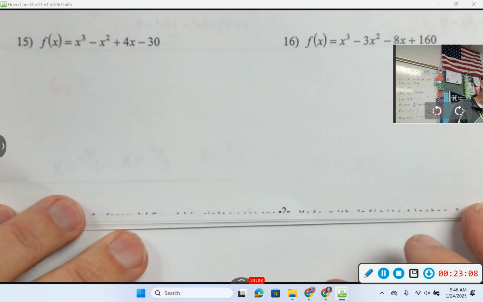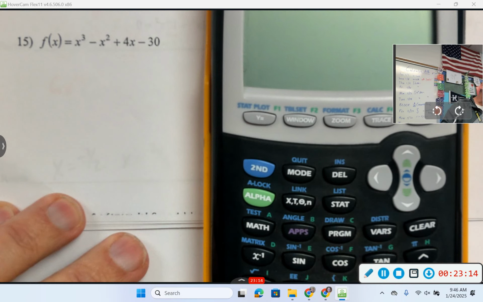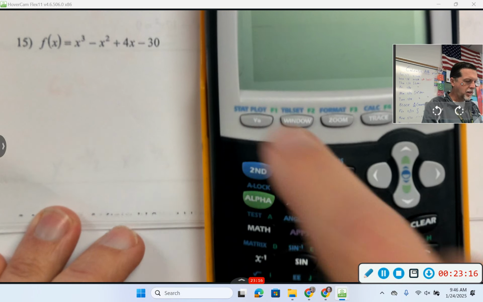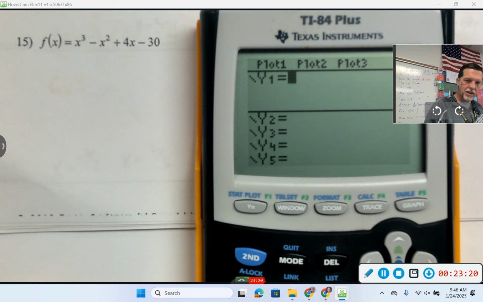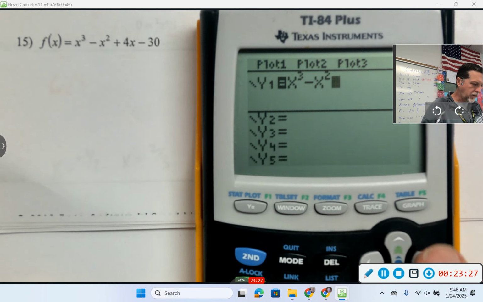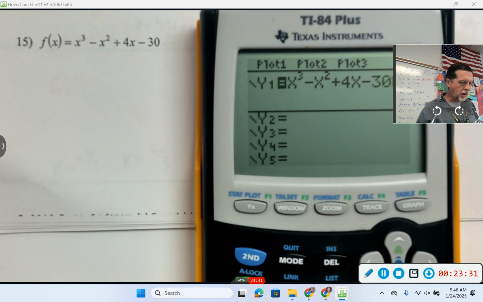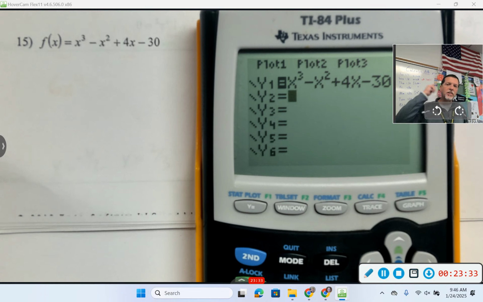Factor completely using integers, but we're going to kind of cheat to find our factors. So back to the y equals, clear that one out and put the new one in. X cubed minus x squared plus 4x minus 30. How many zeros is this thing going to have?